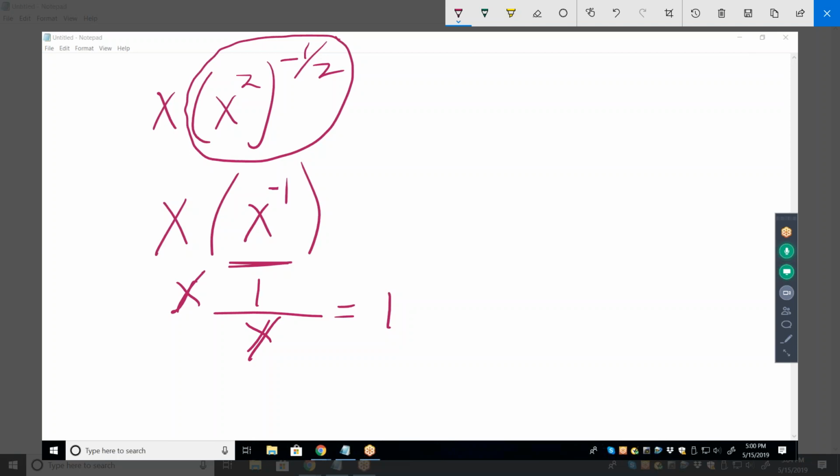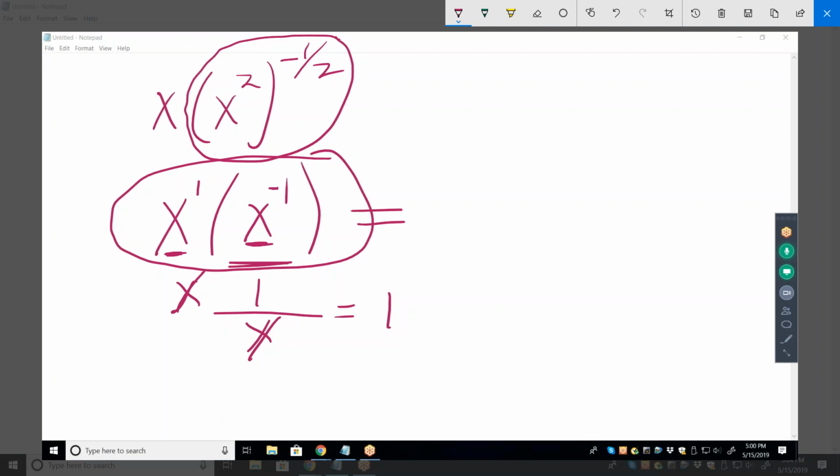Now notice there was something we actually could have done without using the negative exponent aspect. What do you do when you are multiplying the same base, different exponents? First of all, what's the exponent of that leading x? 1. Now, when I'm multiplying, what do I do with these exponents?